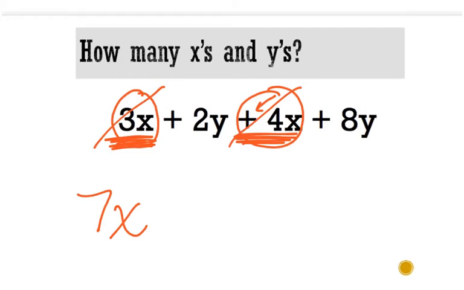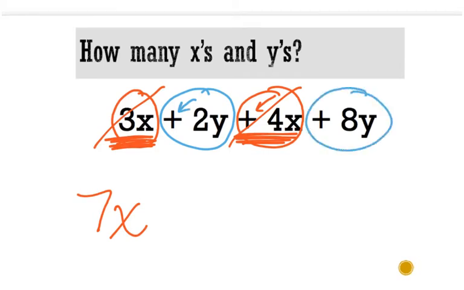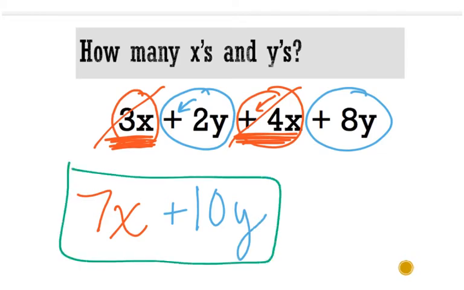Now we have positive 2 Y's. Again, I take the sign. So 2 Y's plus 8 Y's is how many Y's? Well, 2 plus 8 is 10 Y's. So my final answer is 7X plus 10Y. Very easy.